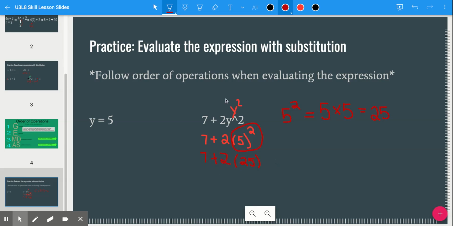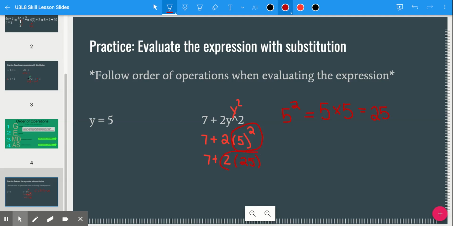All right, next up, and I realize I did just write that in red. We're going to go ahead and fix that. And remember, I leave the rest of the expression that I did not solve the same. Okay, so now I have 7 plus 2 times 25. After exponents comes multiplication, so I need to do 2 times 25.